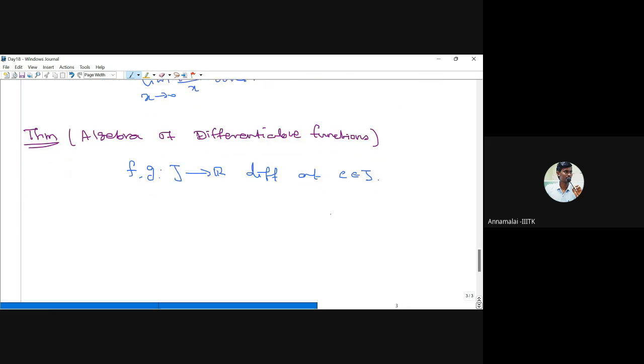Now the sum is differentiable. The first one is f plus g is differentiable at the point c, and the derivative at that point is the sum of the derivatives, f dash of c plus g dash of c.